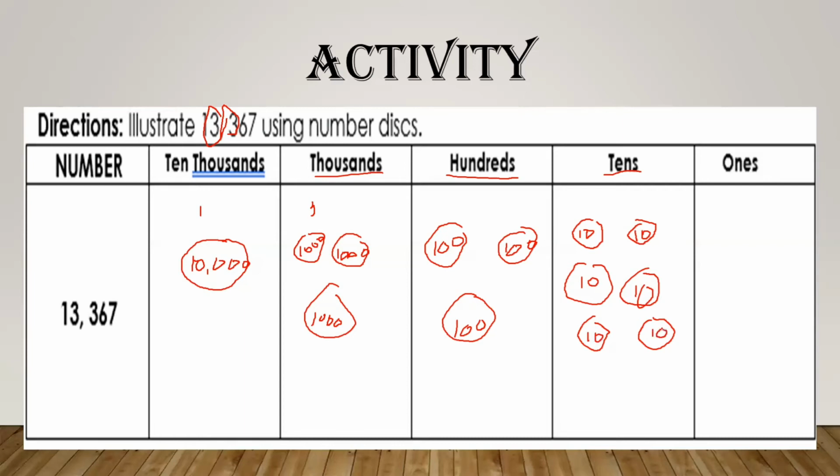And then next, yung ones natin. Ano yung digit ng ones natin? So yung digit ng ones natin ay 7. So therefore, yung disk natin ay 7 din. So 1, 2, 3, 4, 5, 6, and then 7.